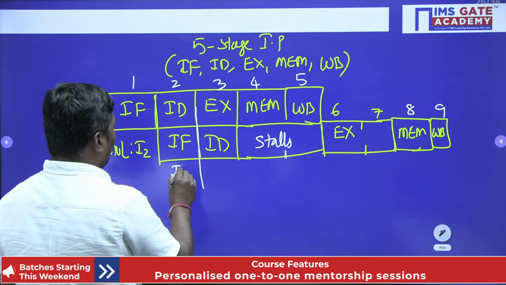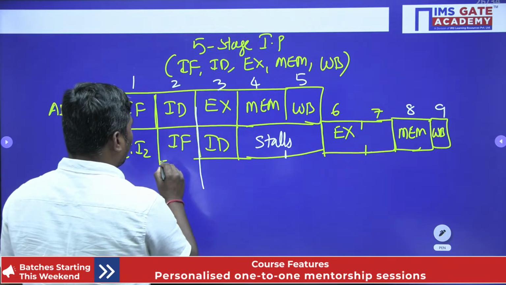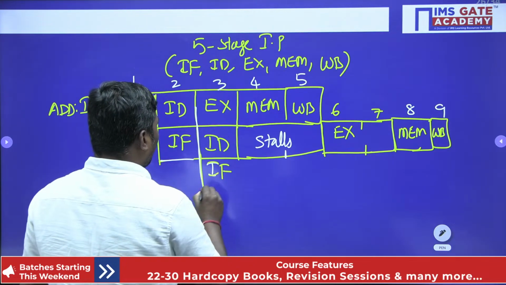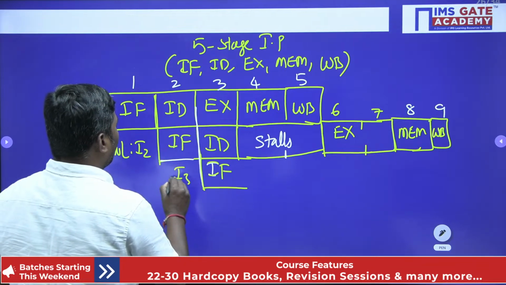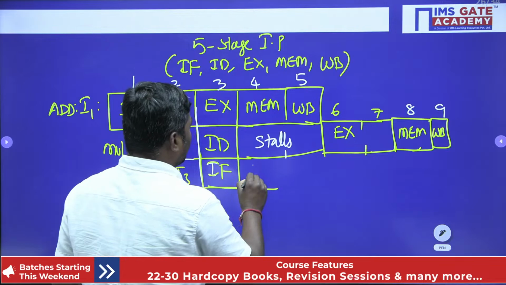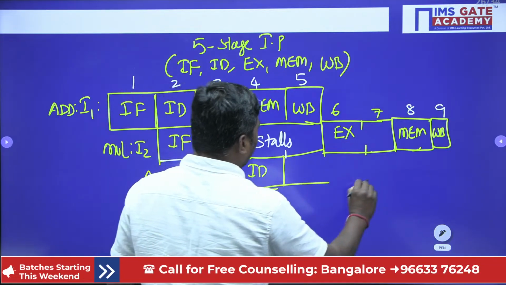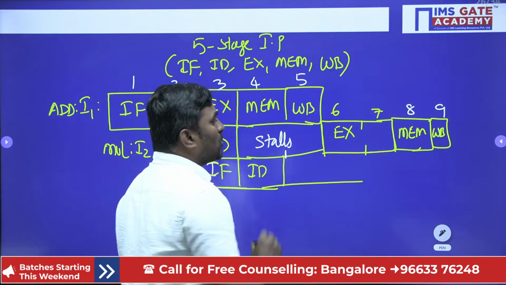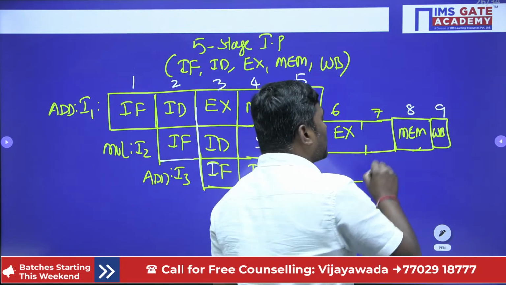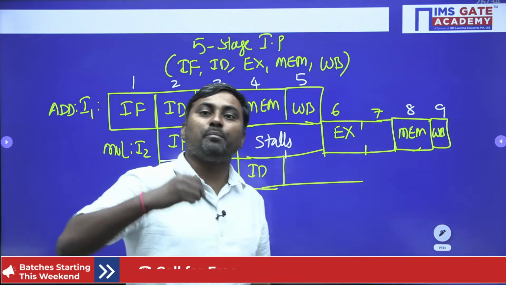Now the next: instruction fetch for instruction I3, which is addition. Then instruction decode happens in the next clock. Can I do execution? No, because addition also depends on multiplication.